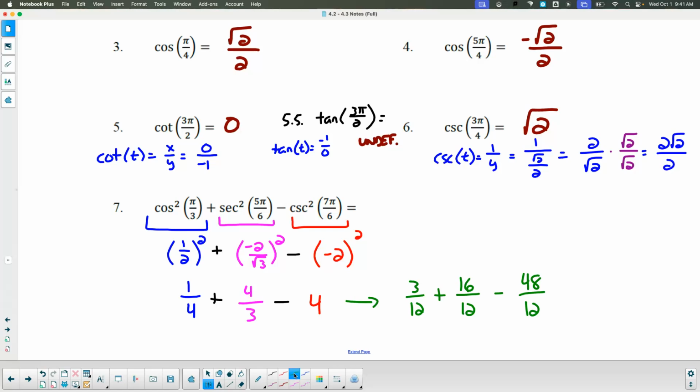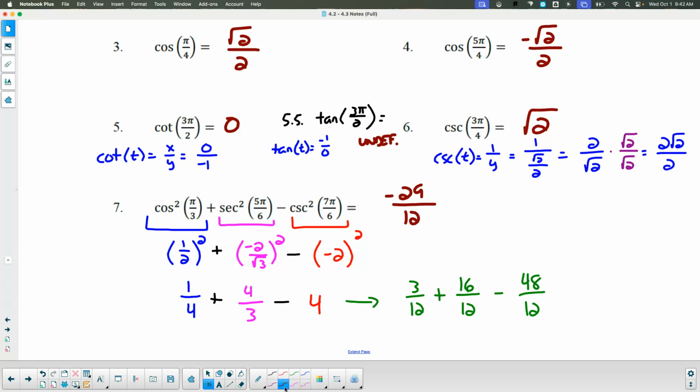Now that I have common denominators, I can add and subtract the tops. 3 plus 16 is 19. 19 minus 48 is negative 29. So this would be negative 29 over 12 for that answer.